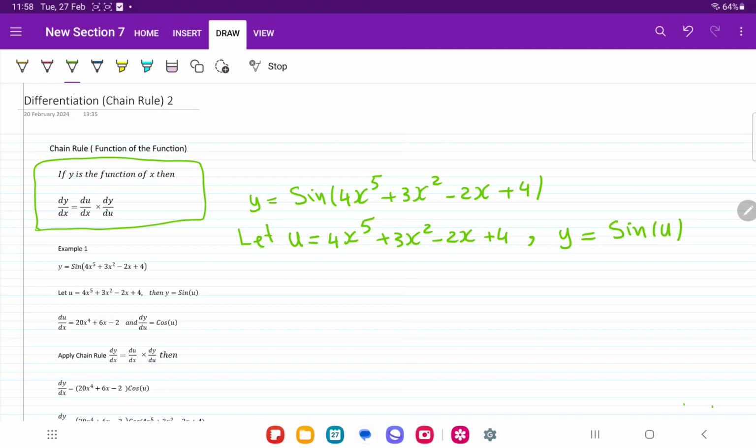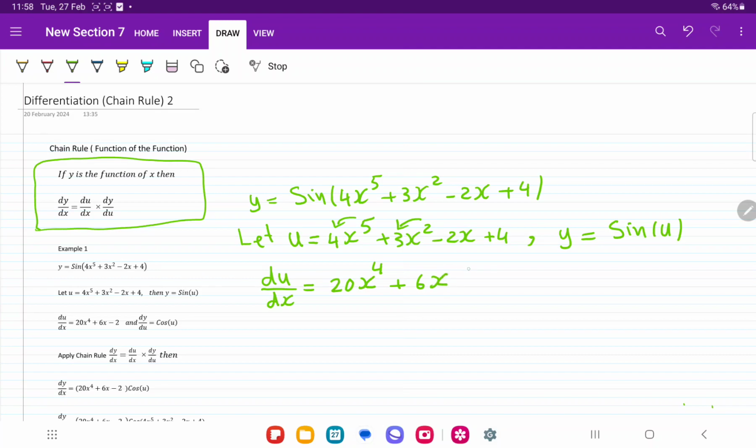Now we're going to differentiate u. We call it du over dx. The rule of differentiation is we multiply 5 by 4, and we will have 20, and we subtract 1 from the power, 5 minus 1, we will have 4. The same thing here: 2 times 3 is 6, x to the power 1.